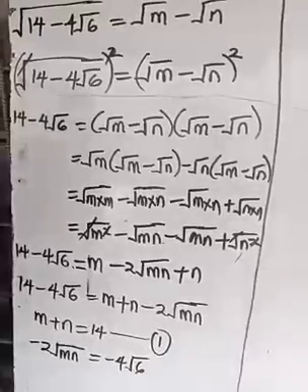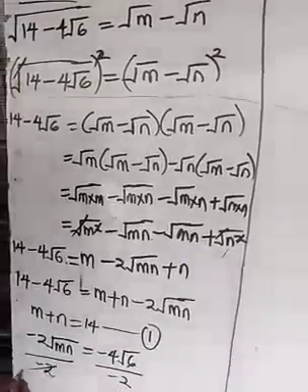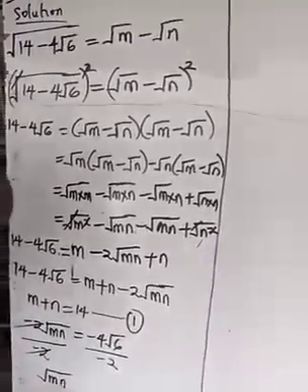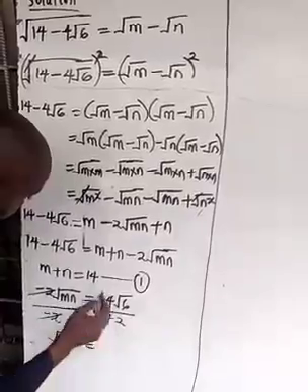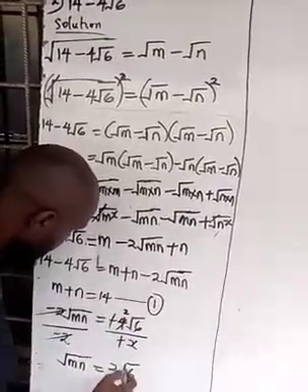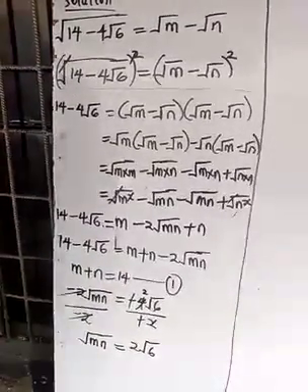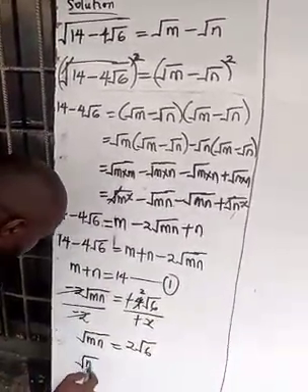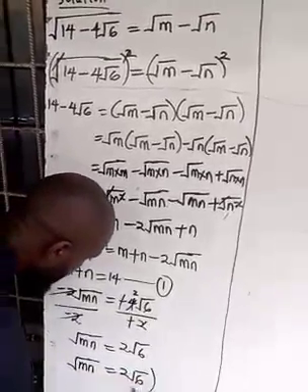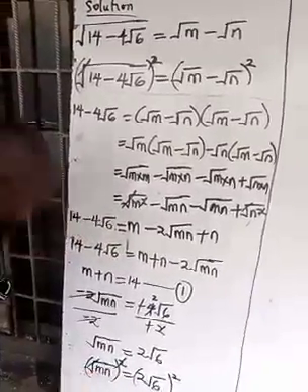If we divide both sides by minus 2 first, we have square root of mn should be equal to, minus cancels minus, 2 in 4, that's 2 root 6. To get rid of the square root, we square both sides. So square root of mn, 2 root 6. If we square both sides, this cancels this.